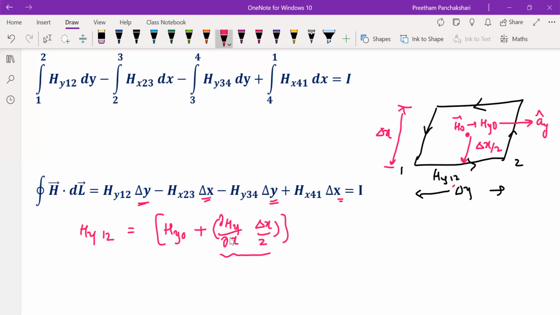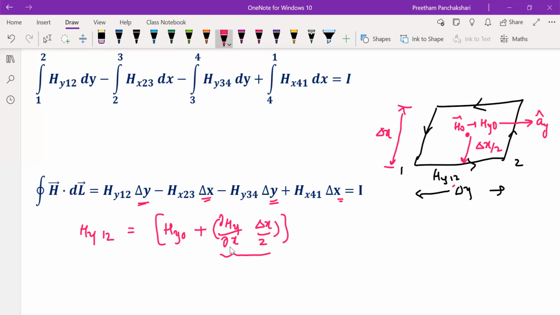So the first quantity gives the rate of change of the y component of H with respect to x, into the corresponding change in distance. These two terms actually represent the first two terms of the Taylor series, which is used in mathematics to express quantities which are changing by smaller values. Here H is changing by smaller values, so we took the help of the Taylor series to write this equation.